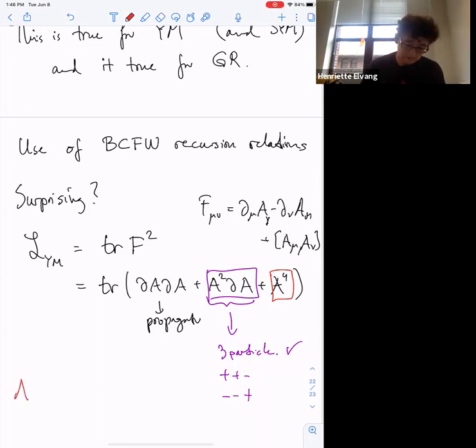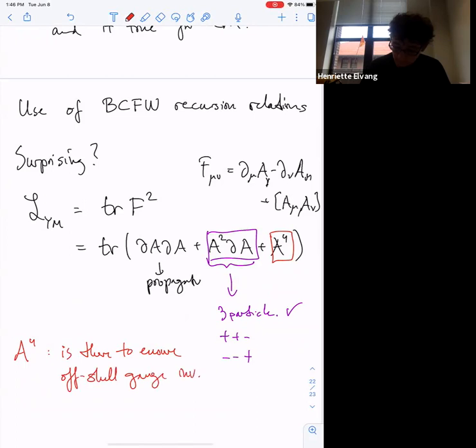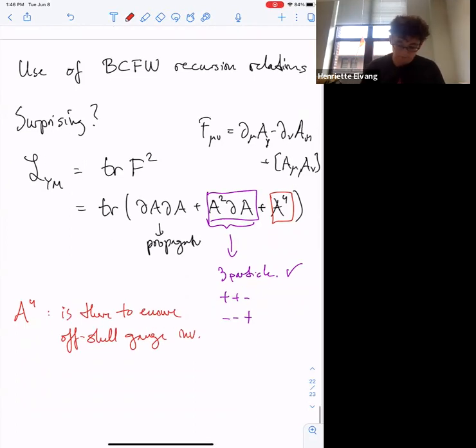But the reason A to the 4 is there is simply to ensure the gauge invariance of an action in this form, when it's written in this manifestly local form with some set of redundant variables. So A4 is there to ensure off-shell gauge invariance. But it's actually not there for any kind of on-shell reason.